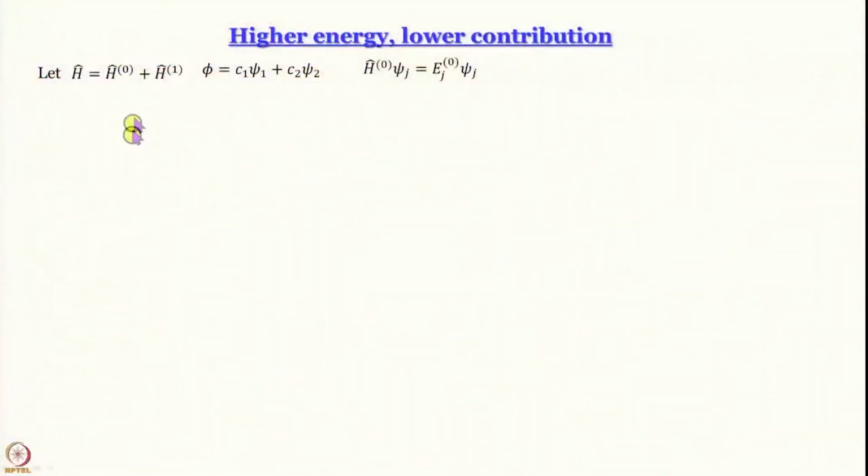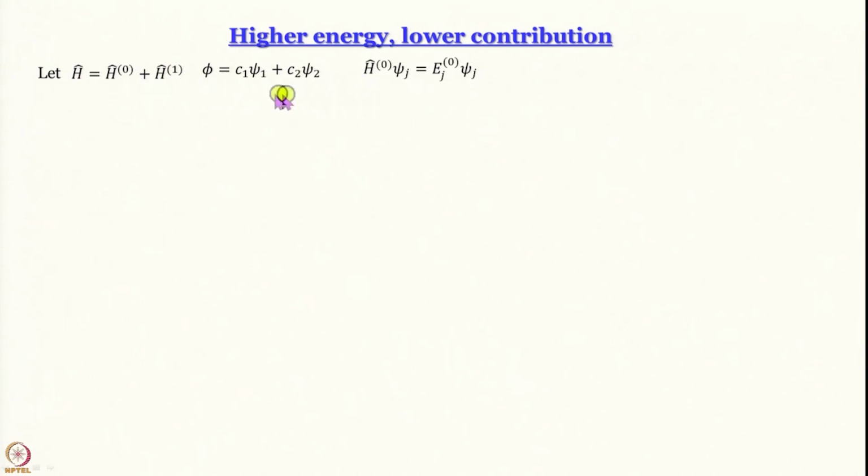Okay. So, now let us write again using the notation we learnt in perturbation theory. The Hamiltonian is the 0th order Hamiltonian plus first order correction. This is what we have written in our earlier variational treatment, phi equal to C1 psi 1 plus C2 psi 2.